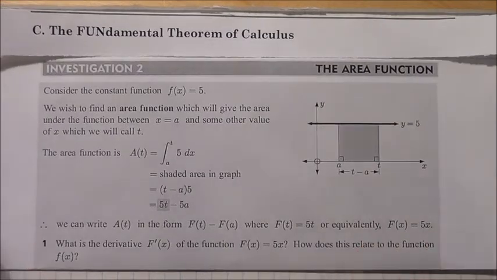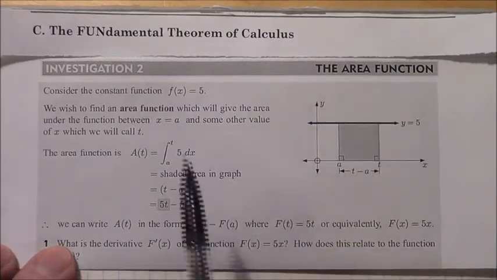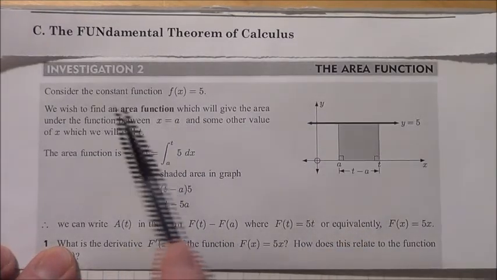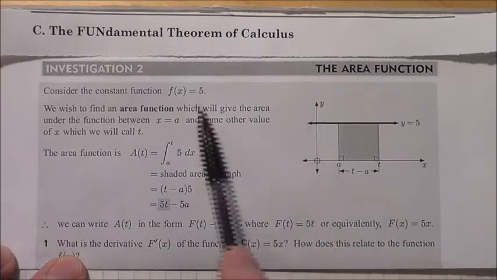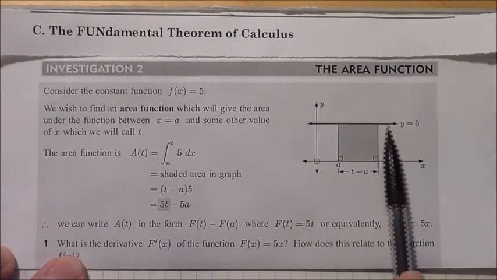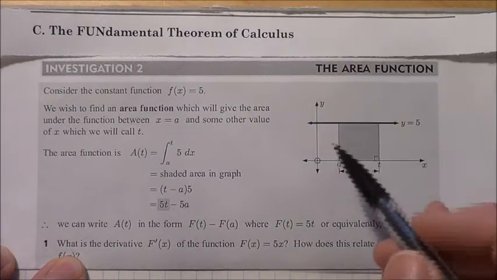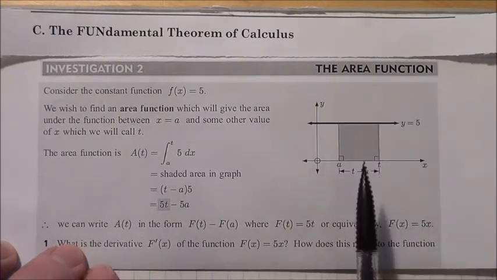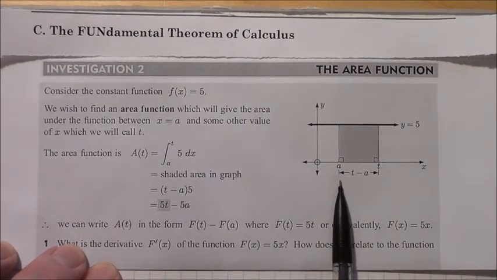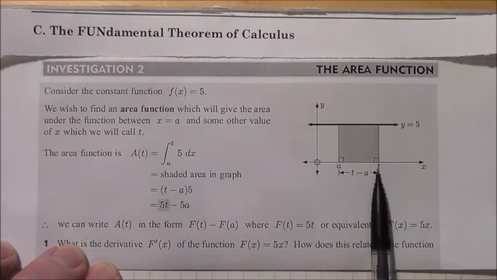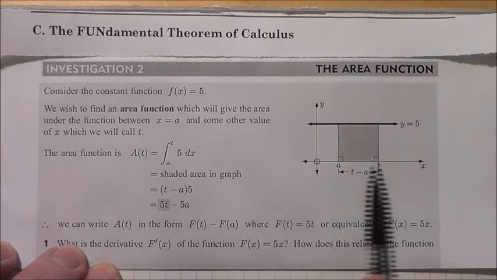Now this time the curve will be a function of some sort that we know. So suppose the given function is y equals 5, so f of x equals 5. This is this horizontal line here. And we're going to look at it between some value x equals a and some other value x equals t, some unknown that we're not sure of, and that can change anywhere.